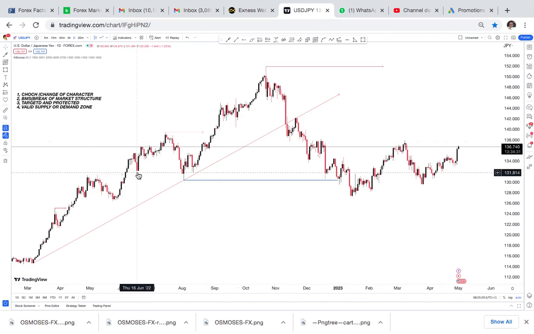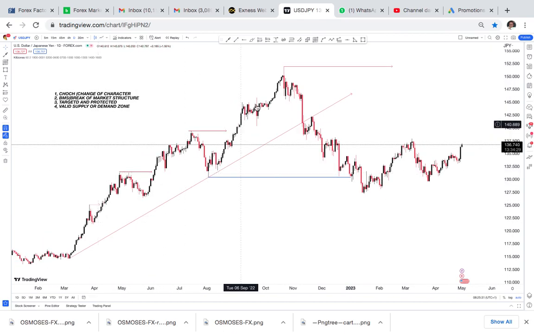Okay, so how do I know where my Choch is going to be? I follow my latest immediate low. This is my latest immediate low. Why? Because this low took out this liquidity here and broke this high.